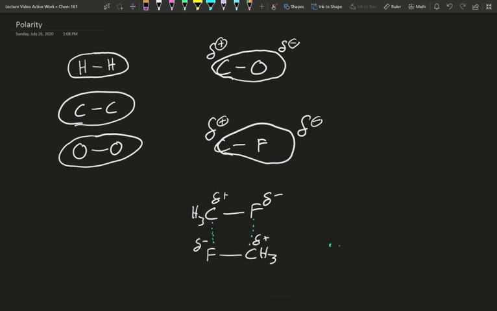Now they can only get so close before their electron clouds kind of push off of each other. So there's a balancing, but much like covalent attraction, there's a best distance. These dipole-dipole attractions also have a best distance, and that is closer than floating free past each other. They draw each other in.